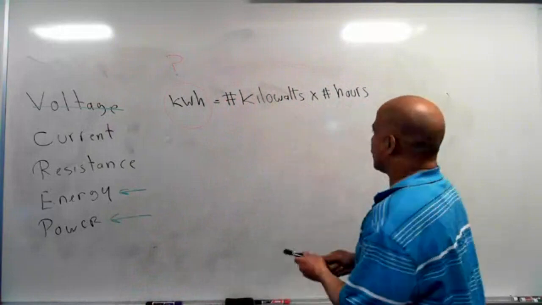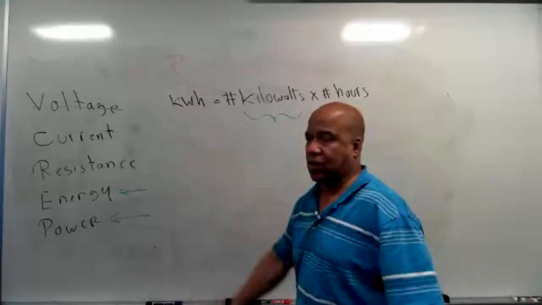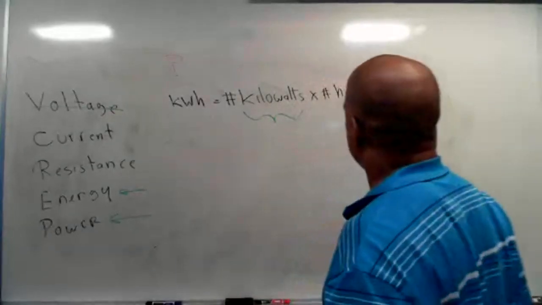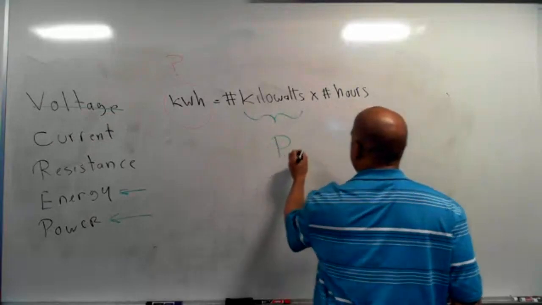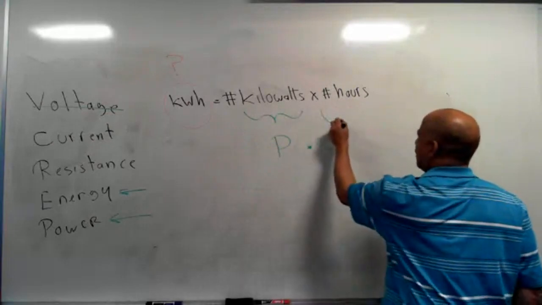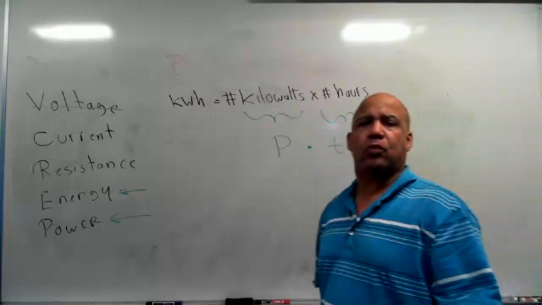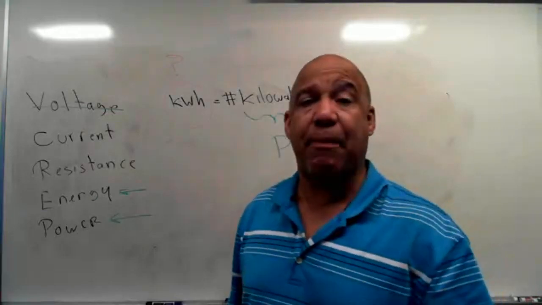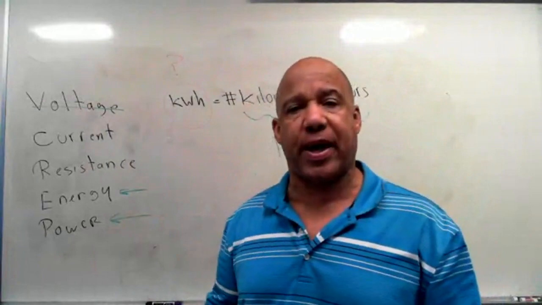So let me ask you this. What kind of quantity is this? Power. And we're multiplying it by, what kind of quantity is this? Time. So the real question is, what happens when we take power times time? What kind of physical quantity do we get?